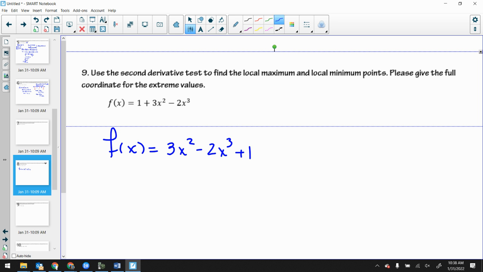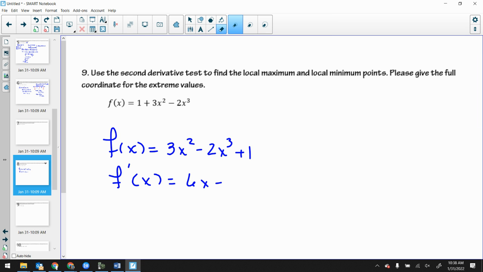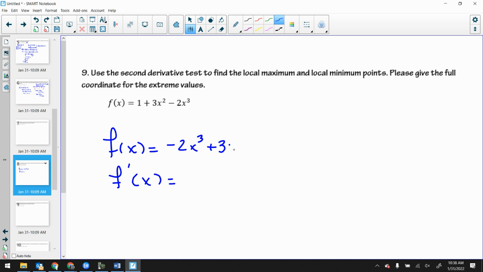So first derivative is this: negative 2x cubed plus 3x squared plus 1. All right, so f prime is negative 6x squared plus 3x.